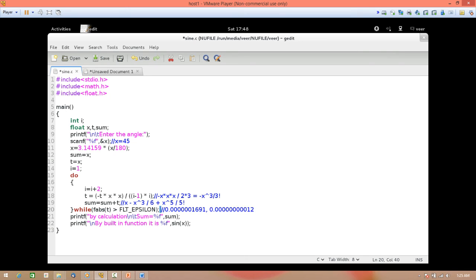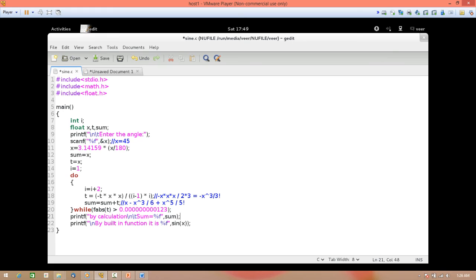So we keep working in this loop till we reach FLT underscore epsilon. Or else you can directly write over here, if you wish, 0.00000000123. This is also fine, because individual terms are heading towards something like this, negligible terms.